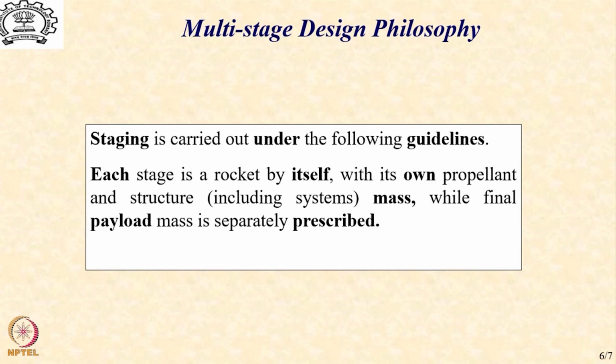So this is the terminology that is going to get used from now onwards, that m star will always be used as the final useful mass that is going to be released in the orbit. And now we have, in addition to that, other masses for each stage, the inert mass for each stage and the propellant mass of each stage, or what we would call the propellant loading of each stage.